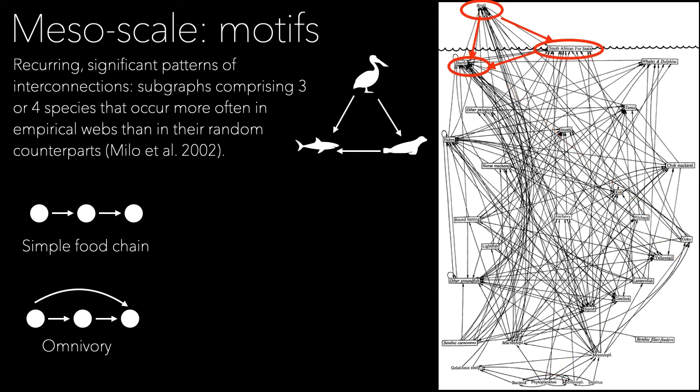Another classic motif is the so-called omnivory. In this case, as we can see here, we have a generalist predator that is feeding on two preys.